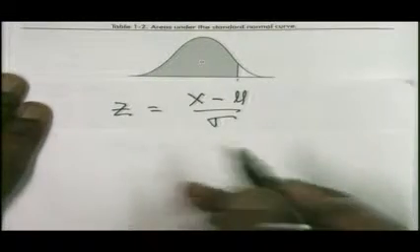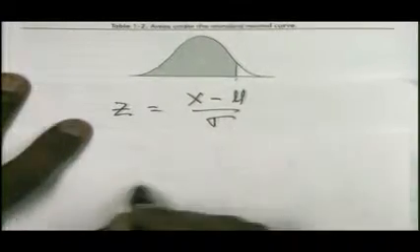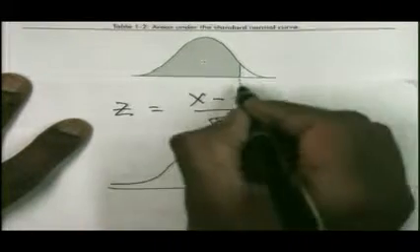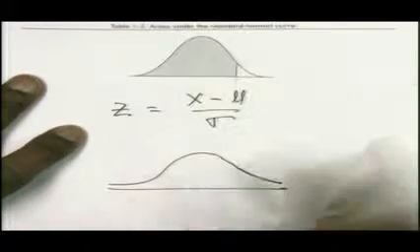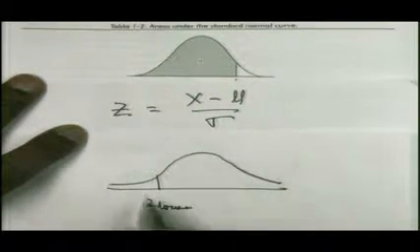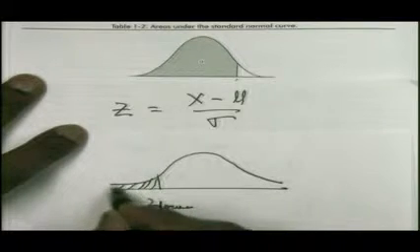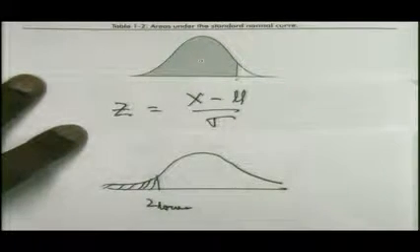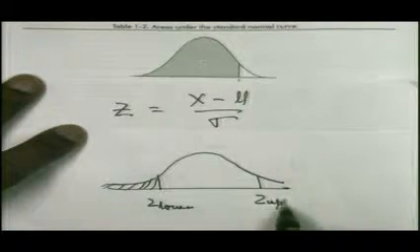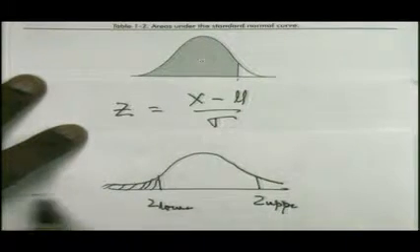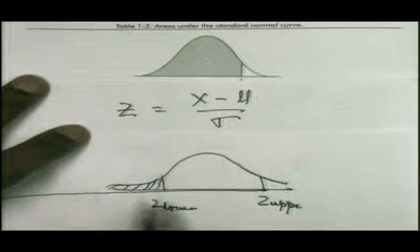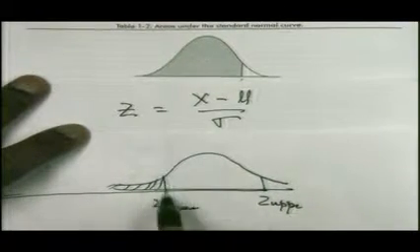I have another graph which goes something like that. This is my Z upper and this is my Z lower. This is what is rejected from the lower side, and Z upper is this one. Everything from minus infinity to Z upper is the number you get here, and for the other, minus infinity to Z lower.